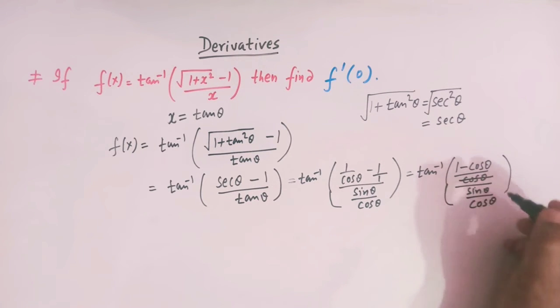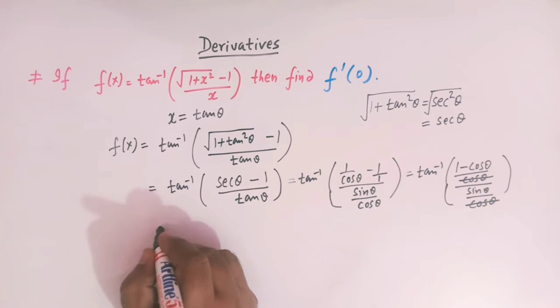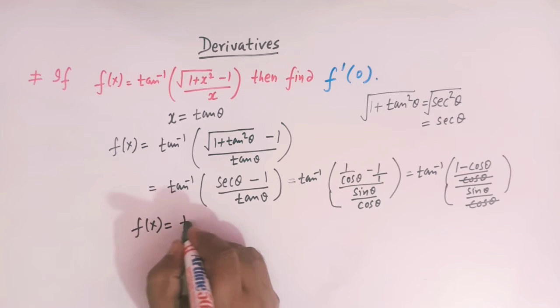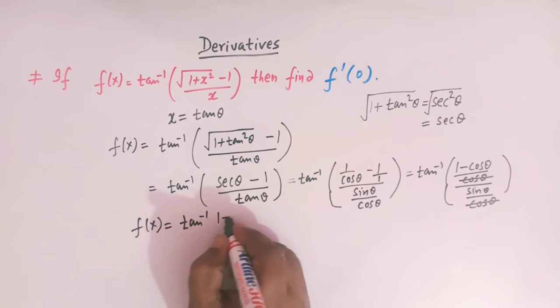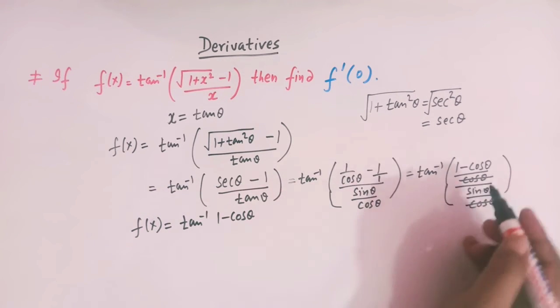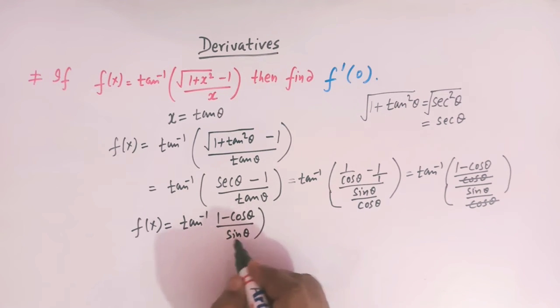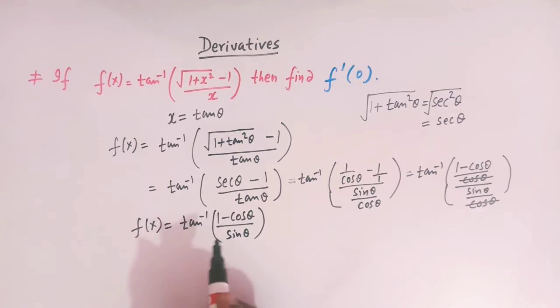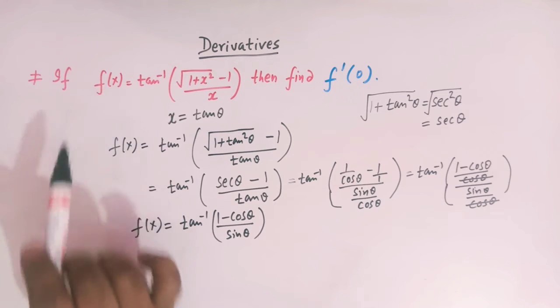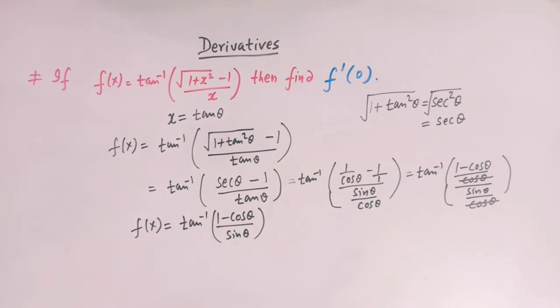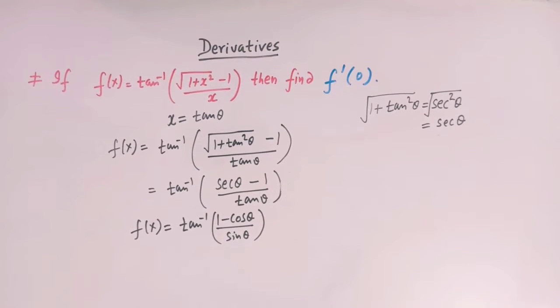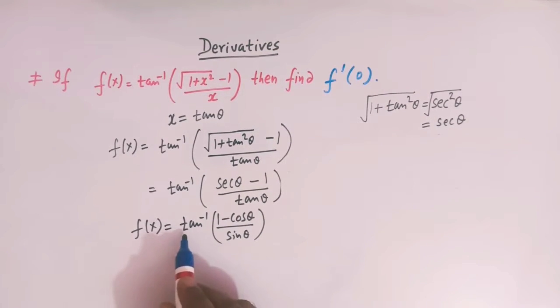Now this cos theta and this cos theta get cancelled, so we are left with f of x is equal to tan inverse of 1 minus cos theta over sin theta. Now we have the expression for f of x like this.